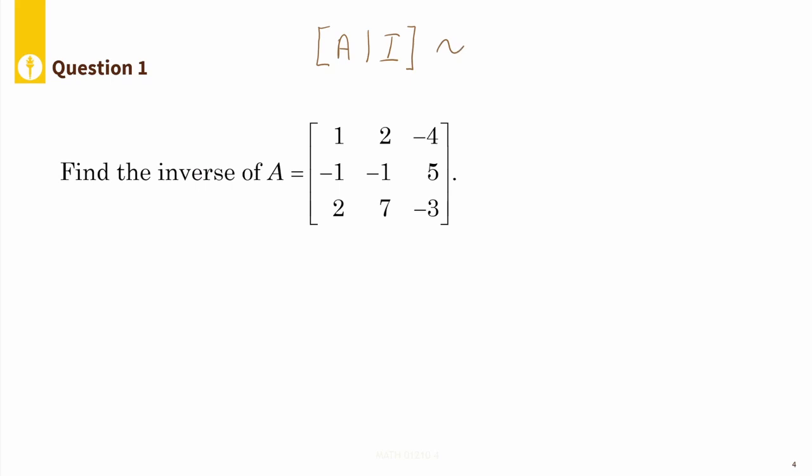If A is non-singular, you're guaranteed to get the identity matrix now on the left-hand side. And what you'll find, and I believe I go into more detail on this in the video, is that on the right-hand side, you're going to be left with the inverse.